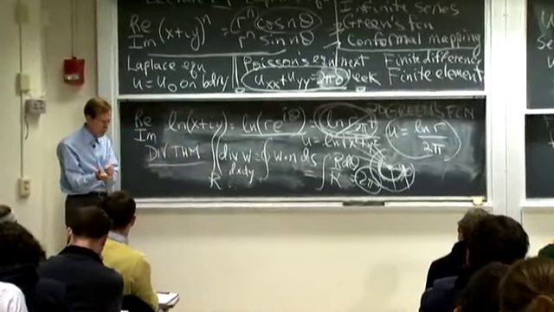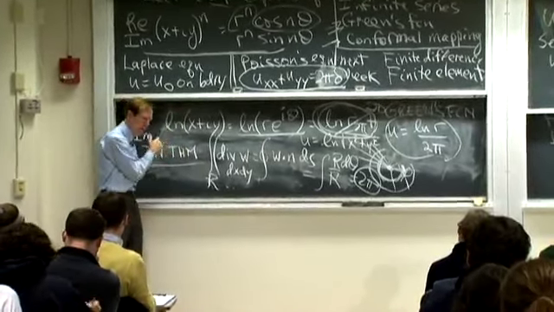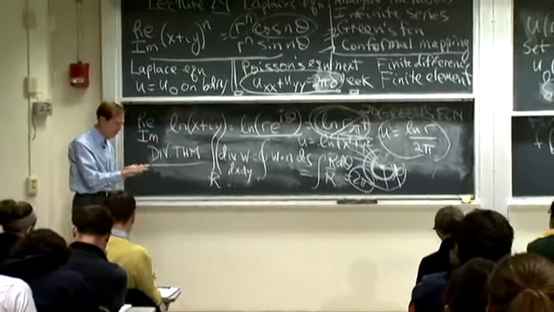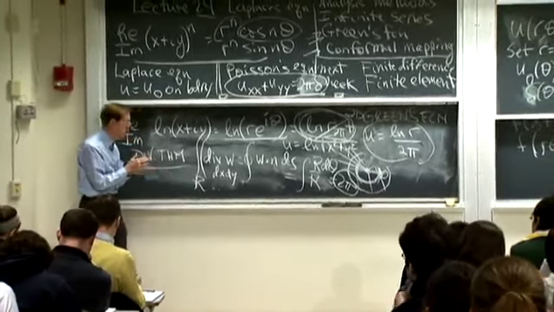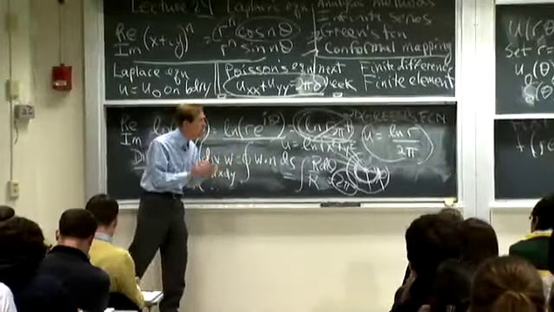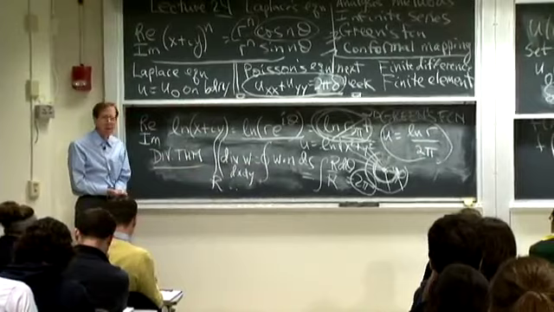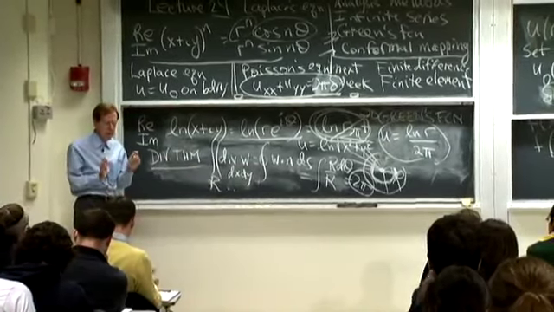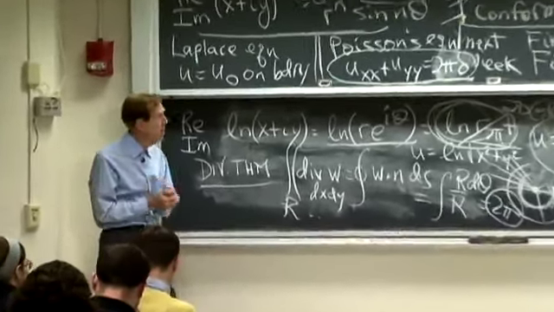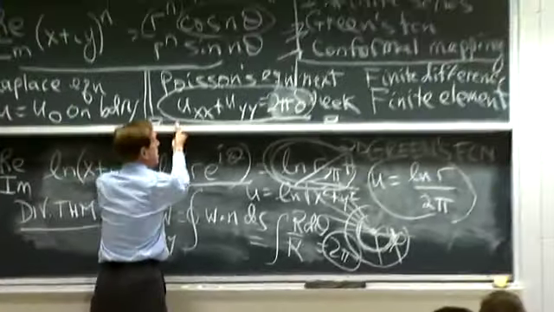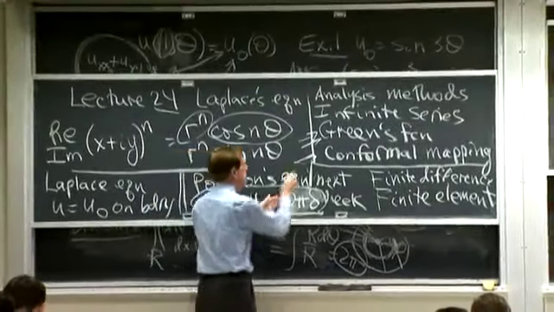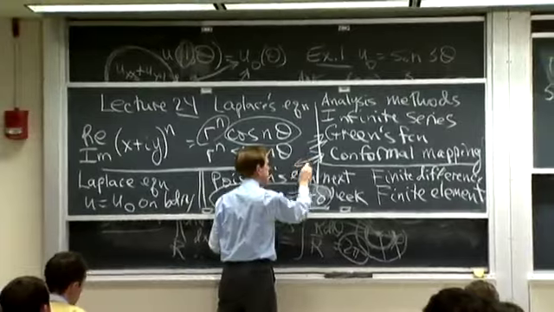If the point source is somewhere else, what happens? That's not hard. If it's not a point source but some other kind of source, or if the region is not a circle. Can I say in one final sentence just what to do, this conformal mapping idea, when the region is not a circle?